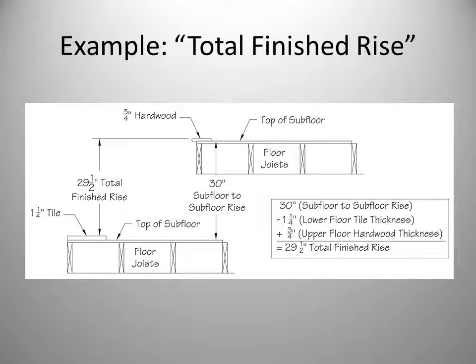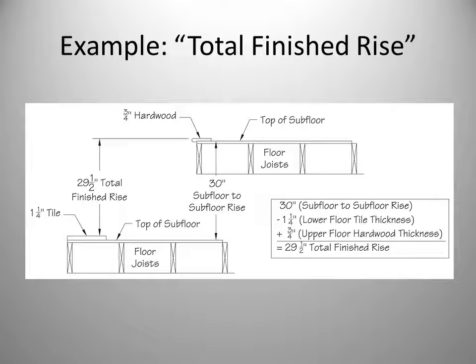In this example, we've measured our subfloor to subfloor to be 30 inches exactly. On the lower floor, we have 1.25 inch tile to be installed at a later time. On the upper floor, we have 3/4 inch hardwood that will be installed at a later time. Based on our formula, we start with our 30 inches, which we measured subfloor to subfloor.